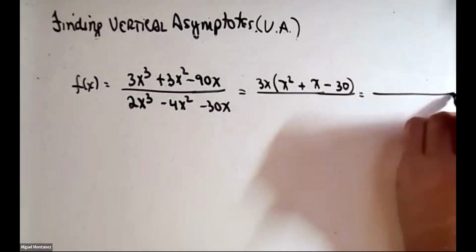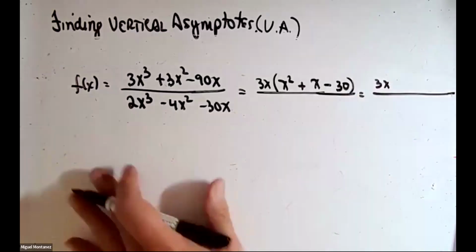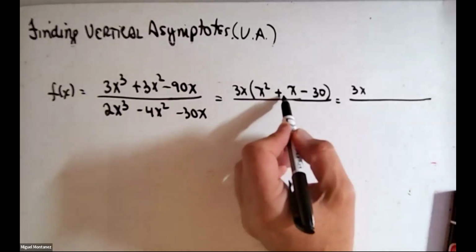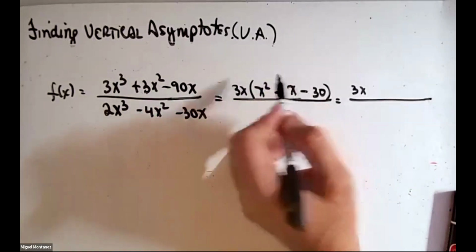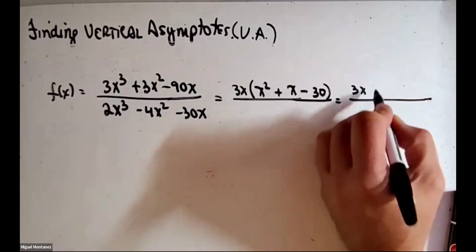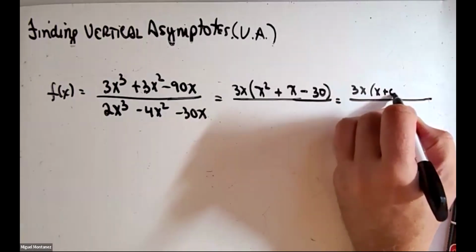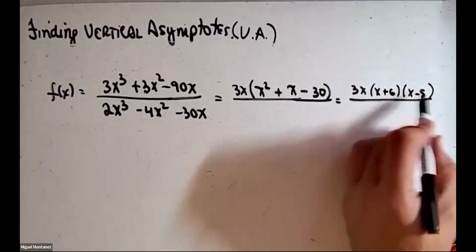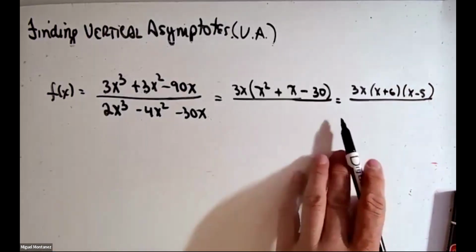Which in turn factors as 3x, factors of negative 30, negative 5 times 6, that will be x plus 6, x minus 5.